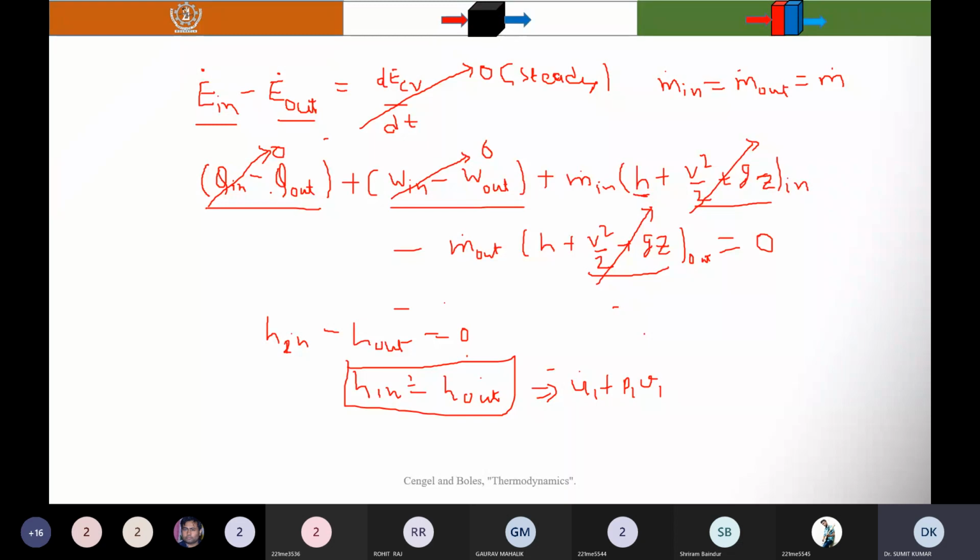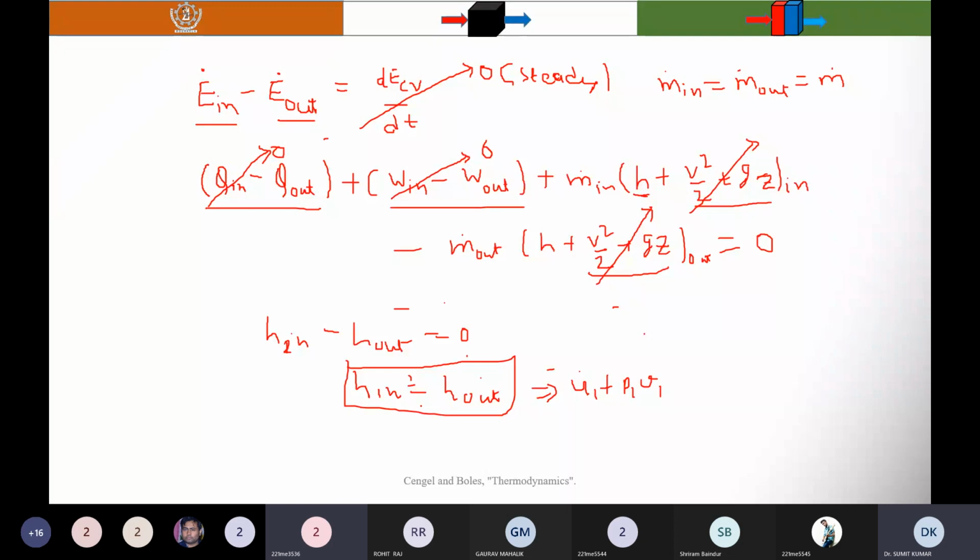I told you the throttling device is very small, so there is no sufficient area and time for effective heat transfer. If there is heat transfer, as in the case of capillary tubes, then you should consider the heat transfer. So at that time, it is not isenthalpic.